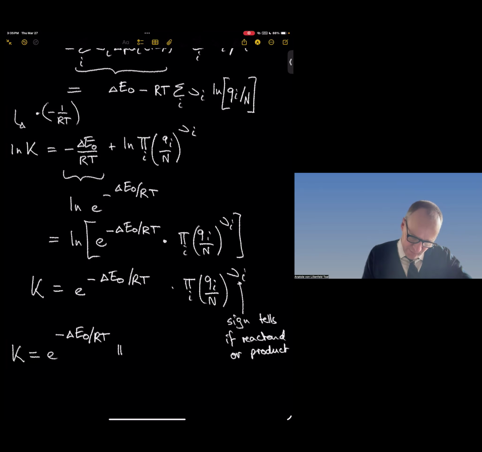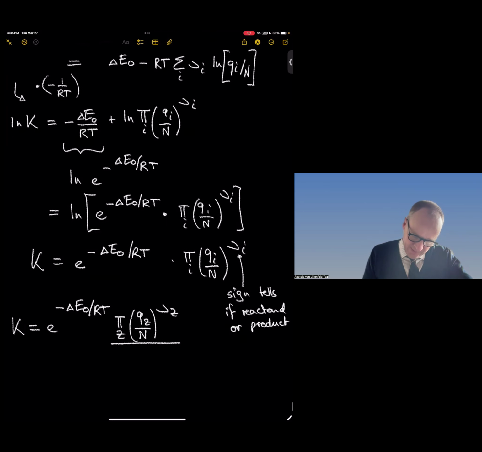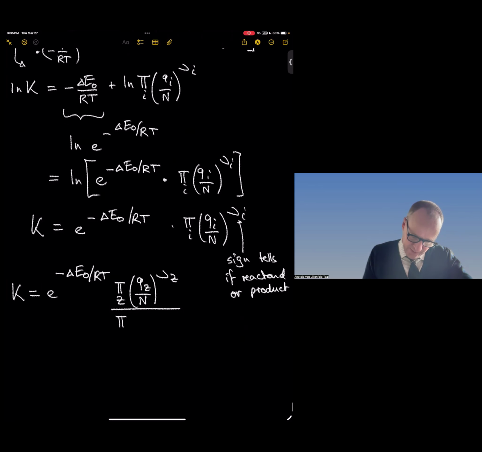So we take the product over all products, and we divide it by the product over all reactants.